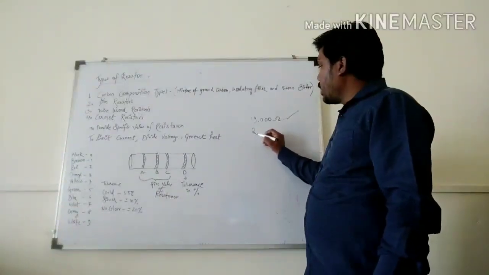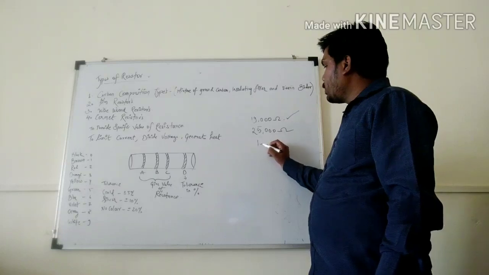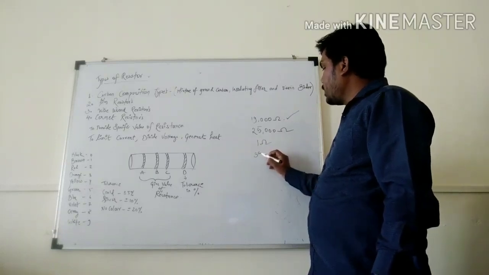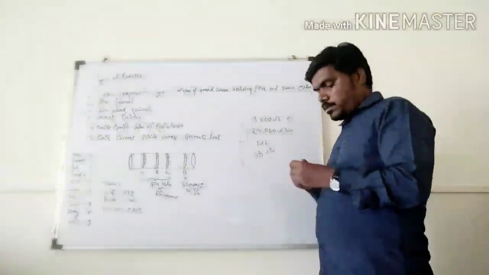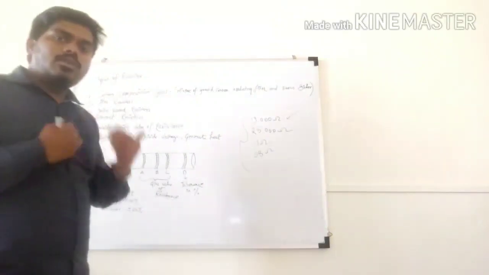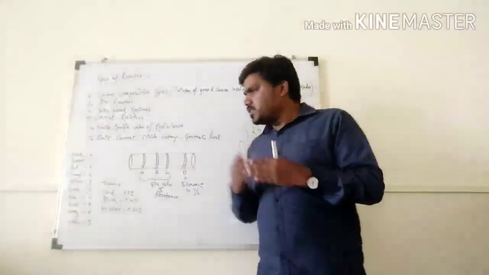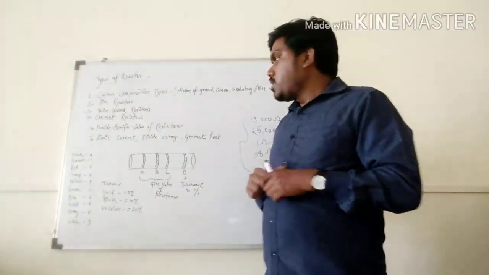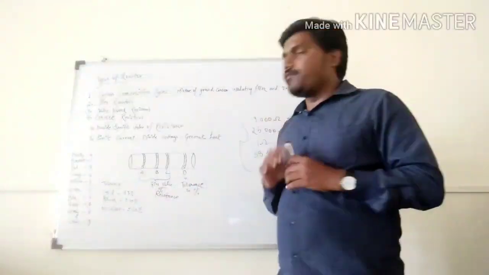If I want 25,000 ohms, or 1 ohm, or 58 ohms, you can manage the resistance value yourself just by arranging that composition, so you can get a specific value of resistance.